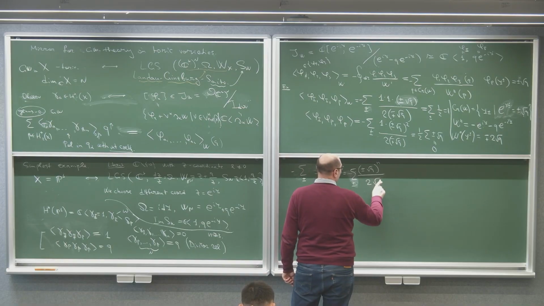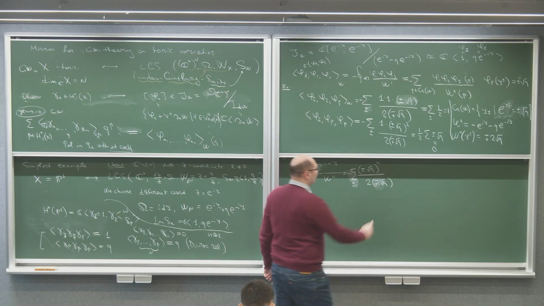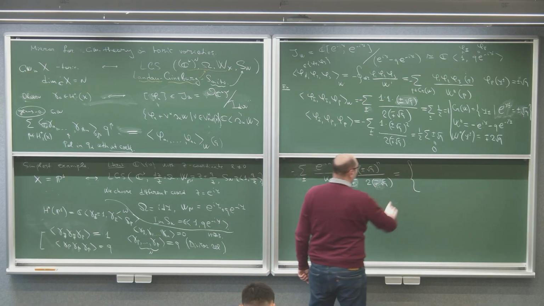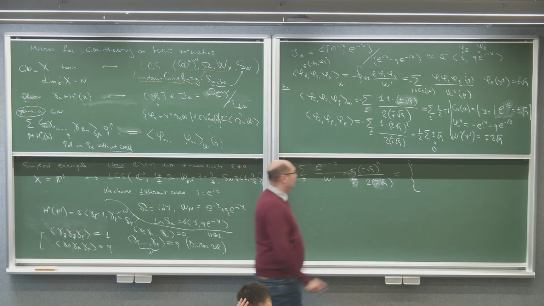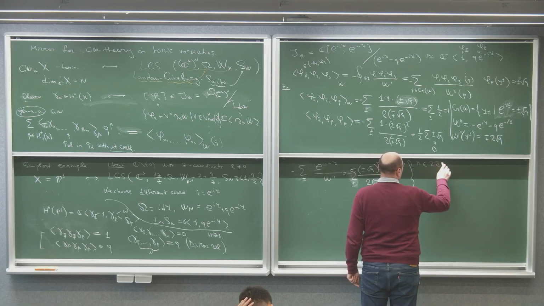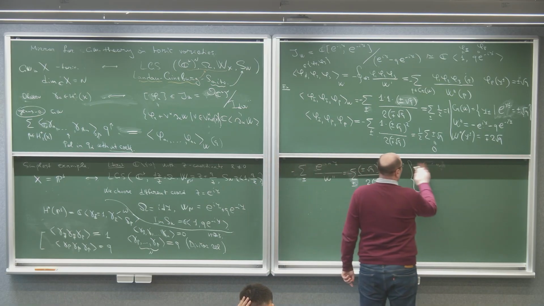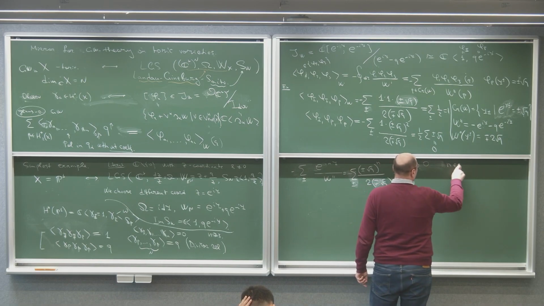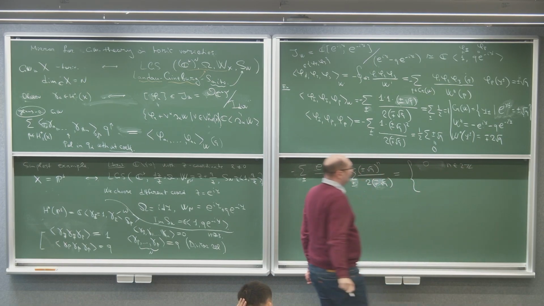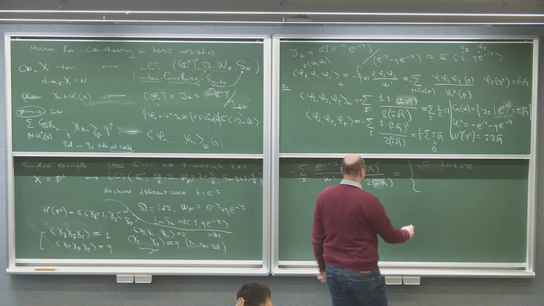And here will be 2 minus plus square root of q. And the answer will be the following. Anytime that n is integer, the answer is 0, because we have a summation over the same expression with alternating signs.